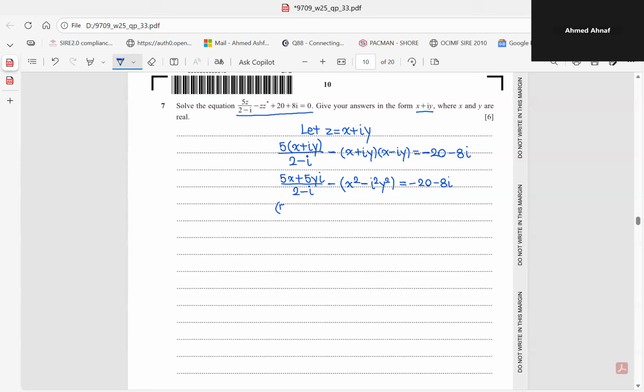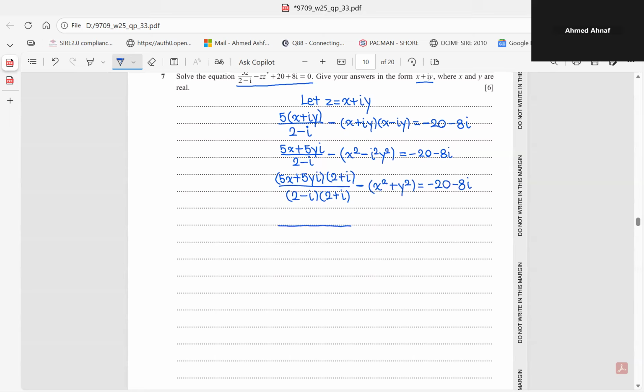So we'll multiply 5x plus 5yi with 2 plus i. Do the same for here, 2 minus i times 2 plus i. And then this one would just be x squared minus i squared y squared, that's just positive y squared, equals to minus 20 minus 8i.